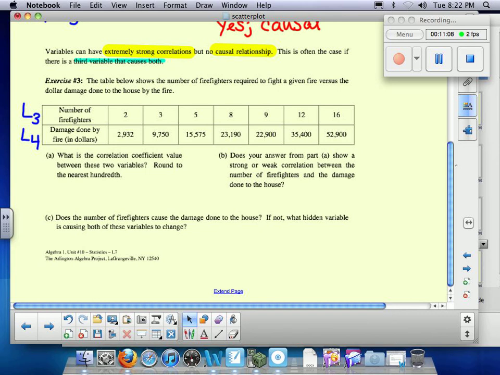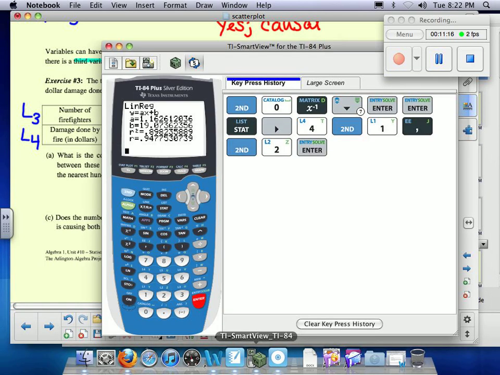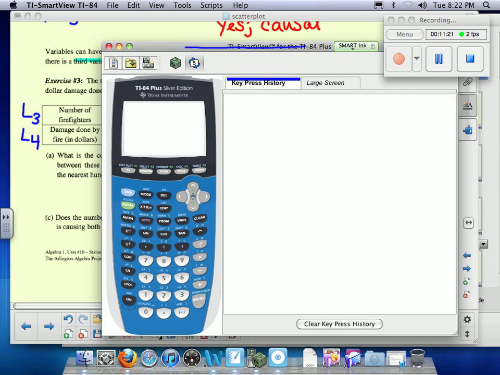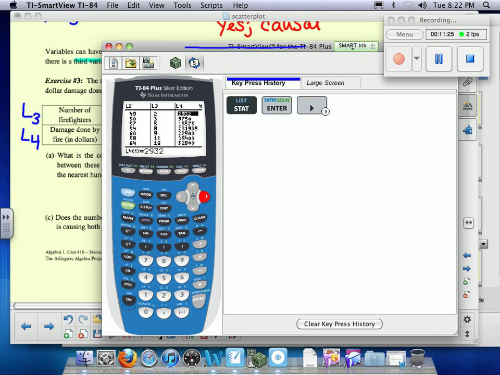So pause the movie while you get your data entered, and when you're ready, we'll come back. Okay, so we have our data in list 3 and 4. And so we're going to calculate, they want us to find the correlation coefficient, or the R value.